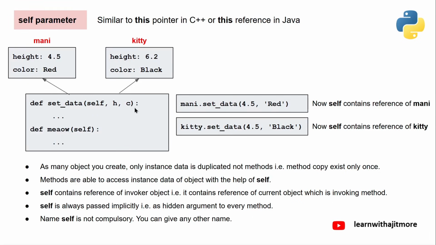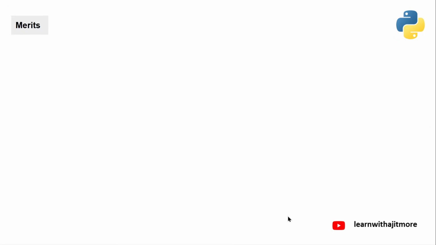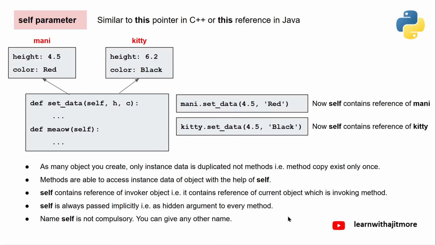You write set_data, the compiler will make the change and pass one this. That facility is not given to the programmer. Internally, the compiler passes the hidden argument and the name is strictly this. Here it's not like that. Here you have the choice. So I hope that concept is clear to you.